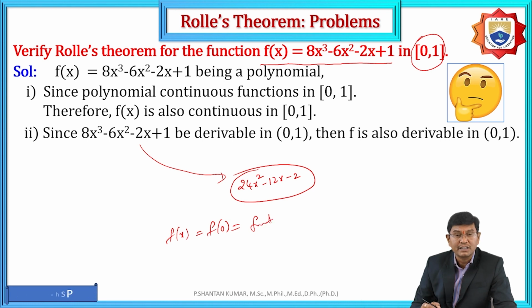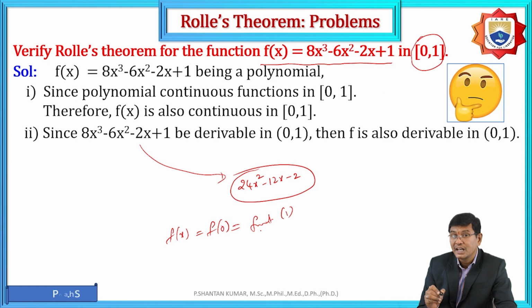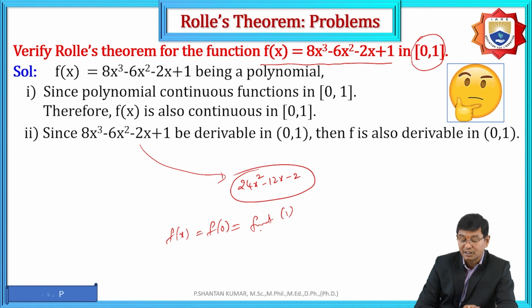Why? Because 8 into 0 is 0, minus 6 into 0 is 0, minus 2 into 0 is 0, plus 1. That means the value is 1, which is a finite value. Therefore, the function at x equal to 0 has a finite value, which indirectly means a continuous function.